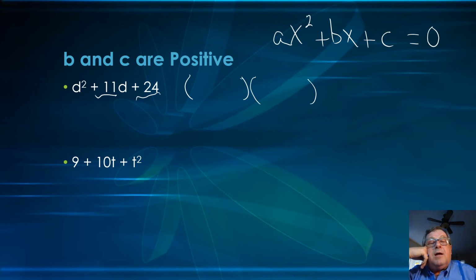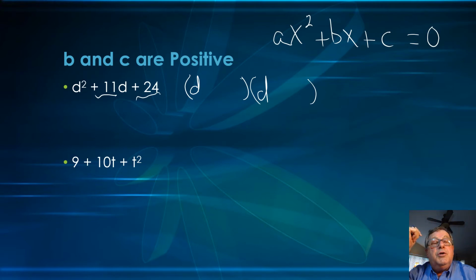Now, in this case, where my quadratic term, this d squared, has 1 for its coefficient, I can just write d on the left side of the parentheses. And then I'm looking at the signs of the middle and the last term. And in this case, they're both positive.